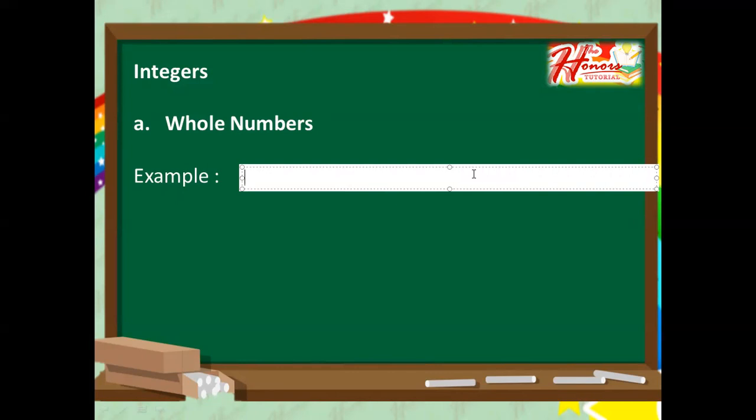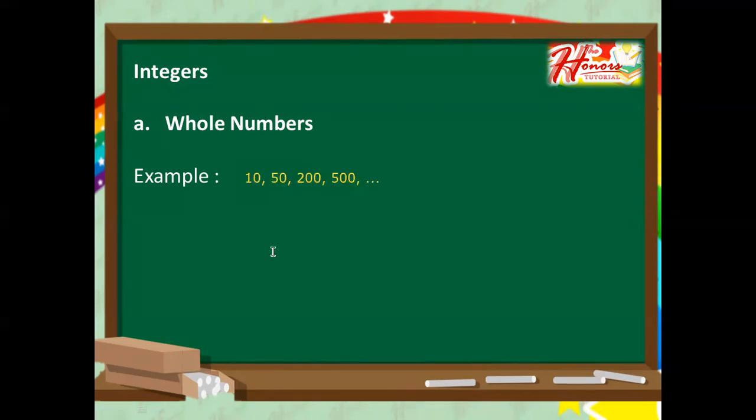Let's say that we have here 10, let's say 50, 200, and so on and so forth. Again, let's write an ellipsis here. There are a lot of whole numbers.